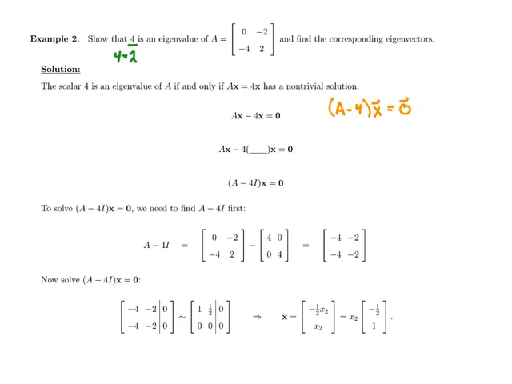But this doesn't really make sense because what does it mean to have a matrix minus a scalar? So we'll say that a matrix minus a scalar doesn't make sense.